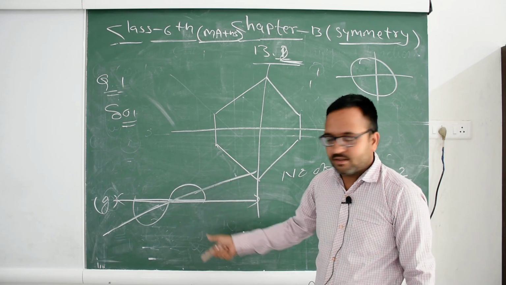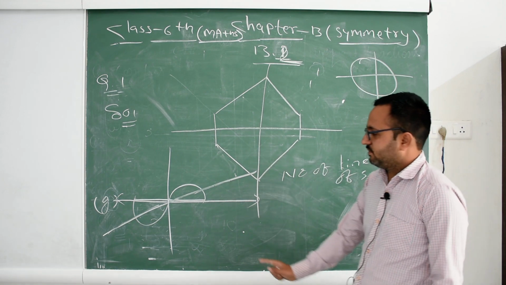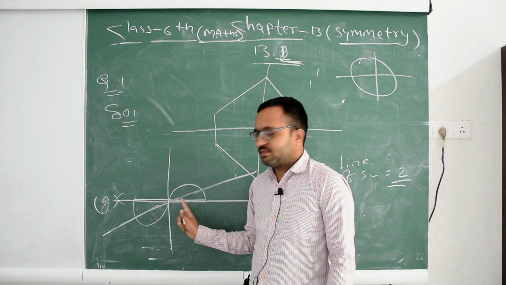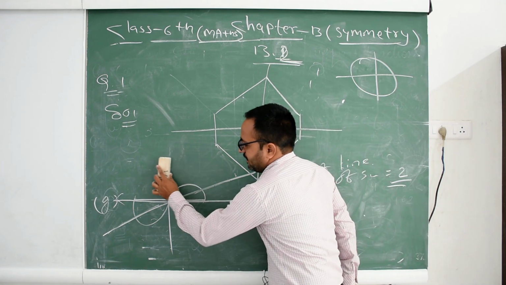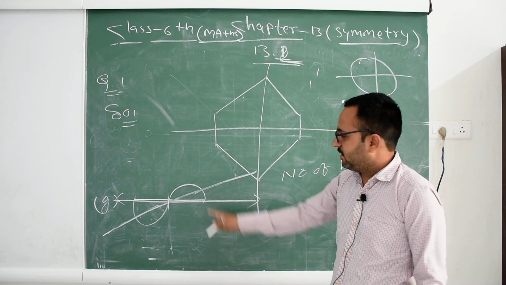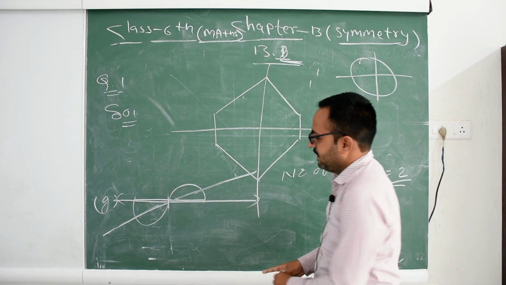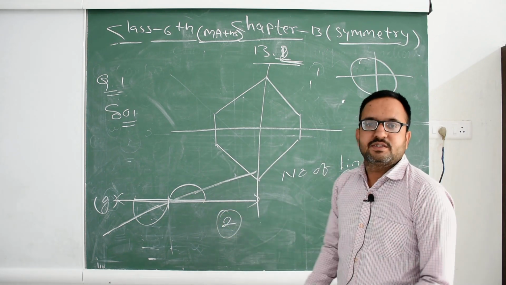So how many lines of symmetry? 1 and 2. Okay, and vertically we can't draw a vertical line. Okay, so only 1 and 2 lines of symmetry.